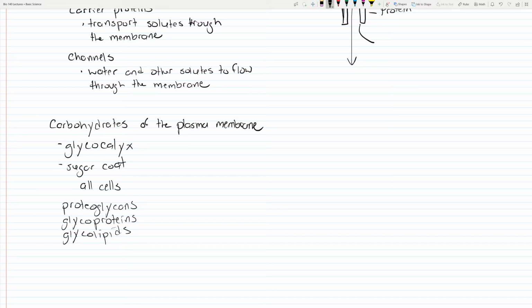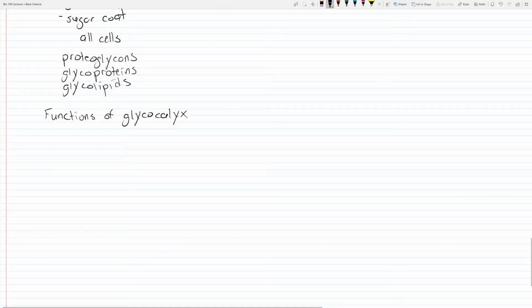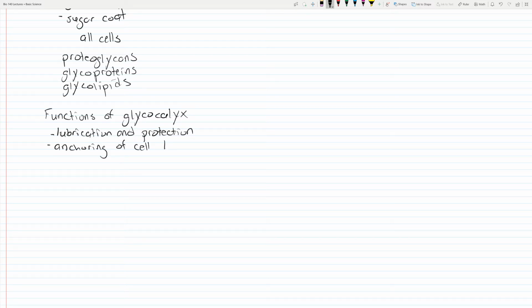And the functions of the glycocalyx are lubrication and protection of the cell itself, anchoring of the cell, and locomotion, so movement.